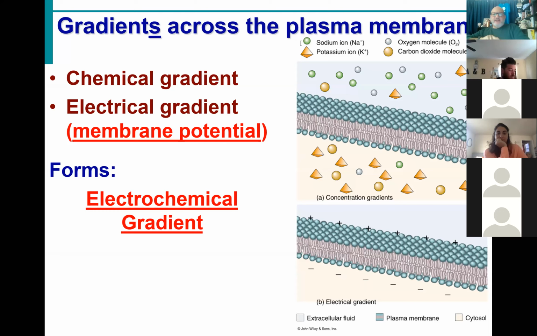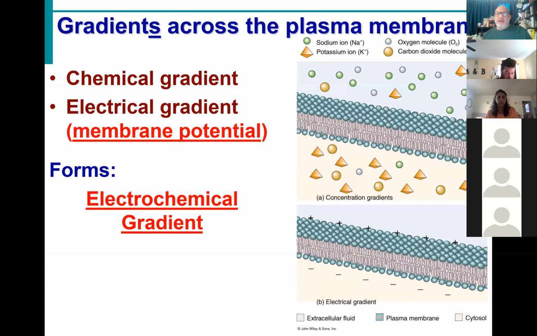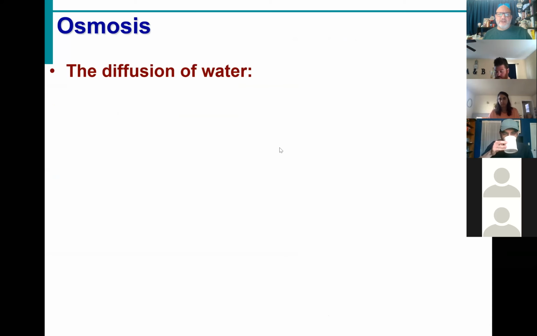Let's go ahead and get started. So we have just finished talking about the driving forces on solutes. But it is important to remember that there are also driving movements on the solvents as well. And of course, the primary solvent that we're talking about when we're talking about biology, anatomy and physiology, is water.